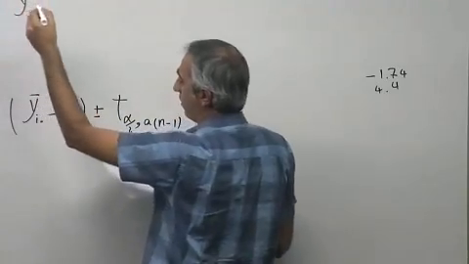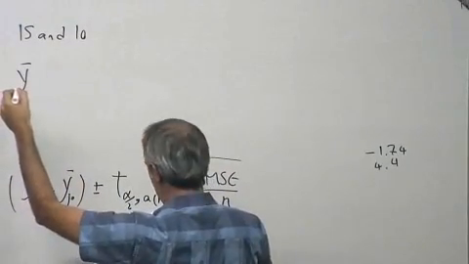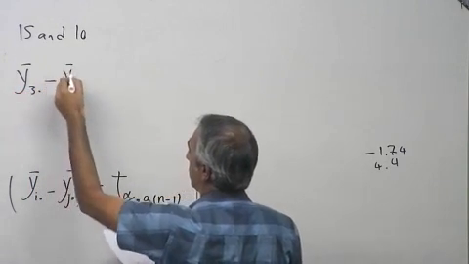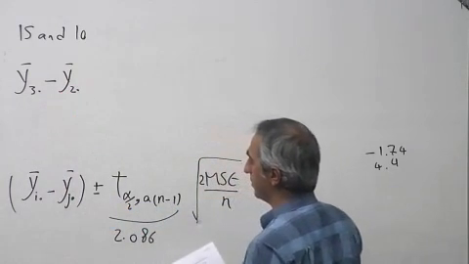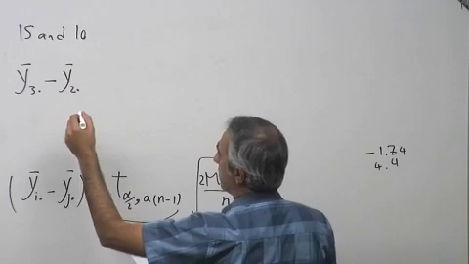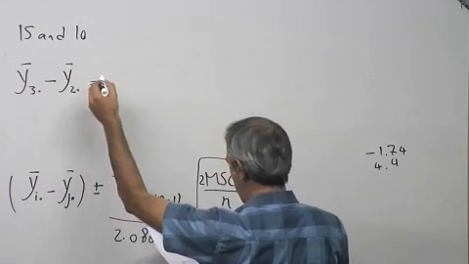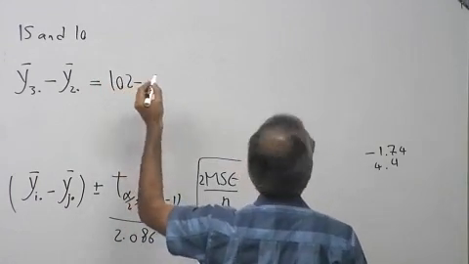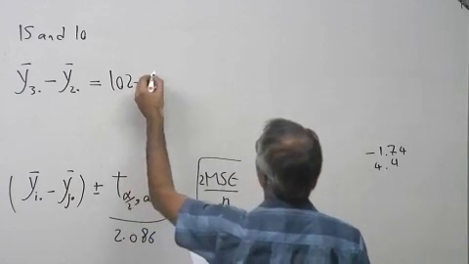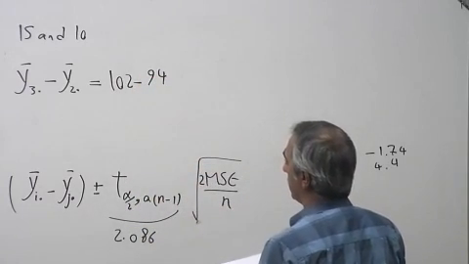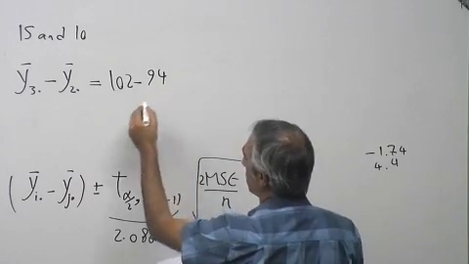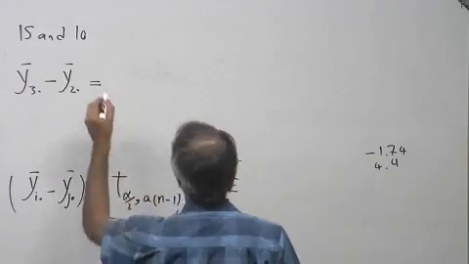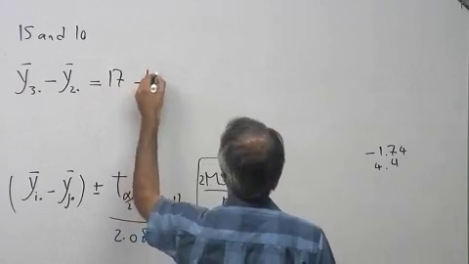So it's y bar of, let's say, 15 is number 3 dot minus y bar of 2 dot. And in this case, basically 15 and 10 is 17 minus 15.67.